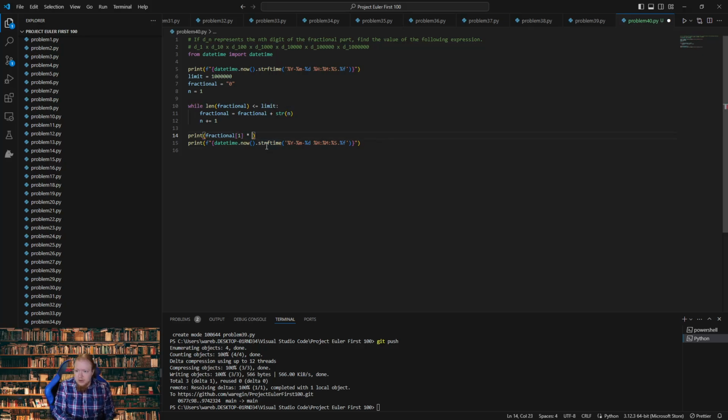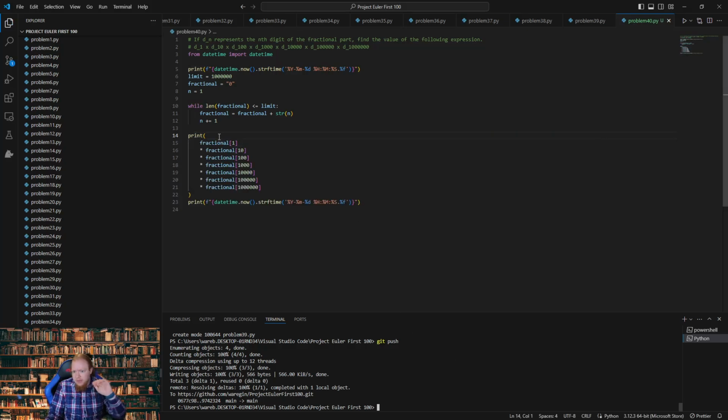So that times fractional of 10, 100, 1,000, 10,000, 100,000, 1,000,000, double checking that I've got that correct. And this should just give us the correct answer. So let's find out. Oh, and it reformatted for us.